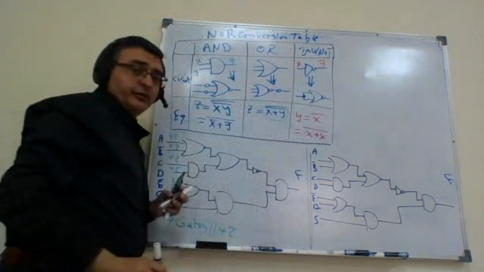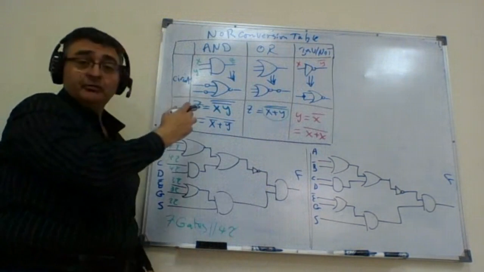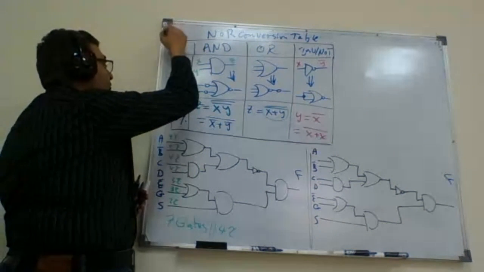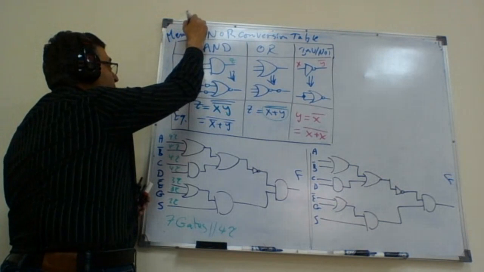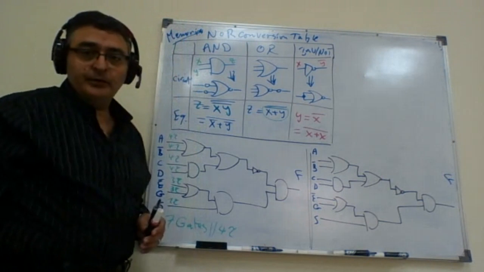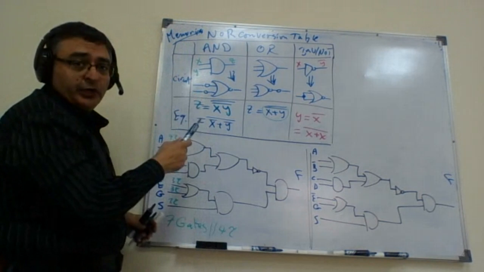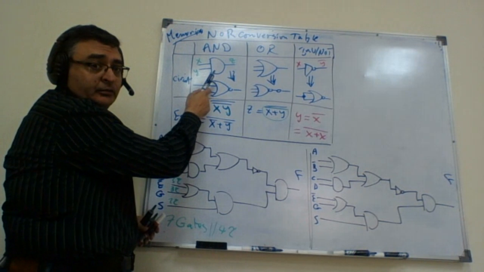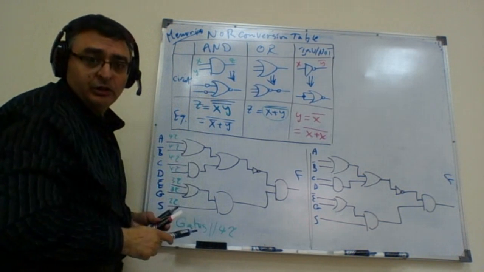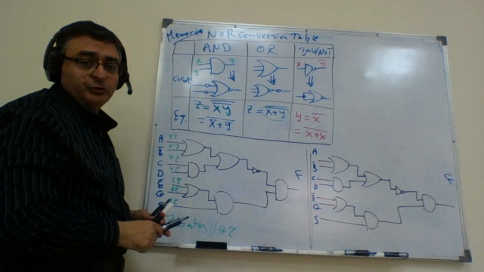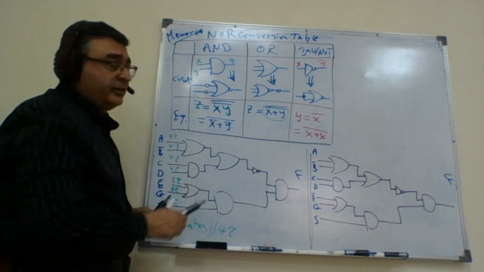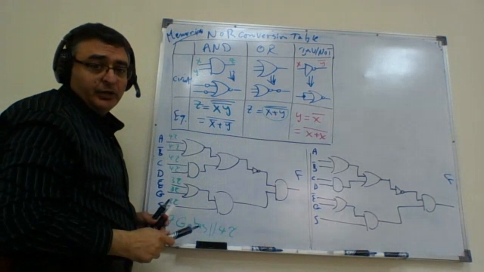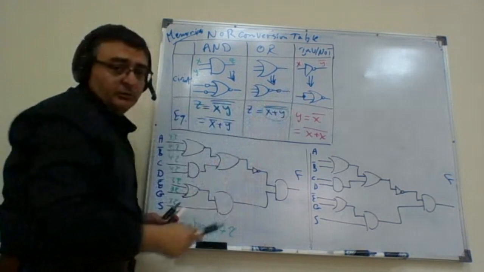I recommend that you either know how to derive any of those conversions, or simply memorize the table. You should know how to replace the AND by a NOR. You have to know how to replace the OR by the NOR. You have to know how to replace the inverter by a NOR.